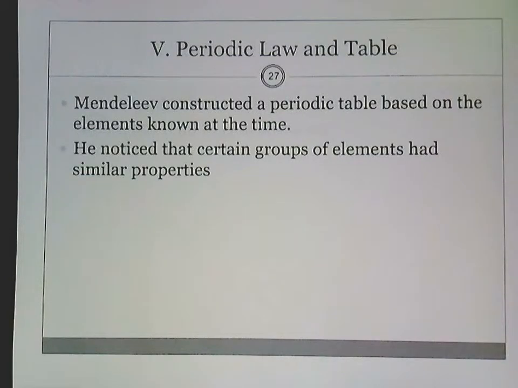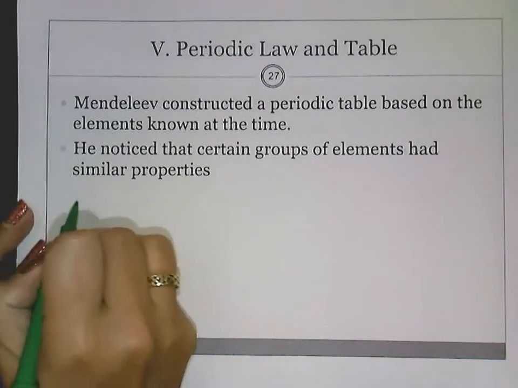All right, next let's talk about the last few things in Chapter 2. So the periodic table. When the periodic table was constructed by Mendeleev, he constructed it based on the elements known at the time, and he noticed that as he was putting it together, certain elements had similar properties. And he developed what's called the periodic law.